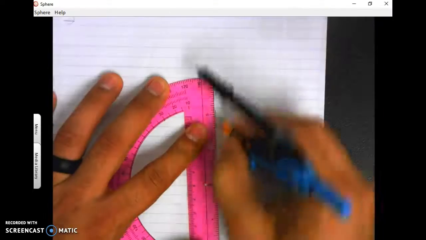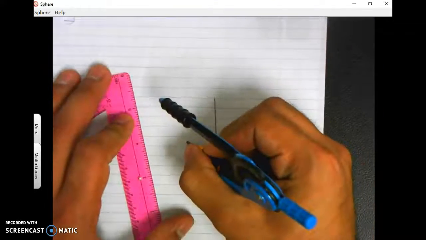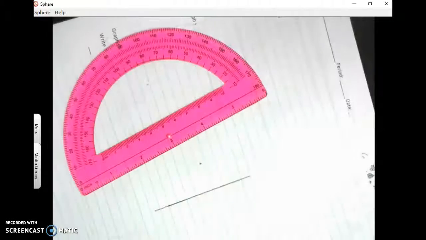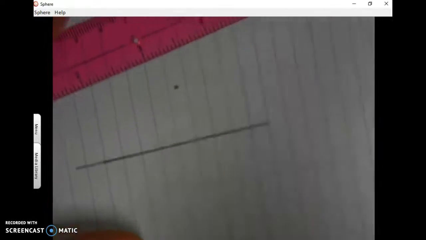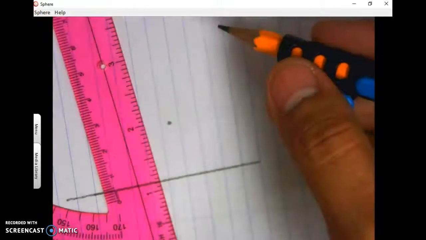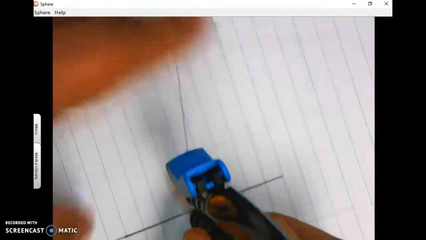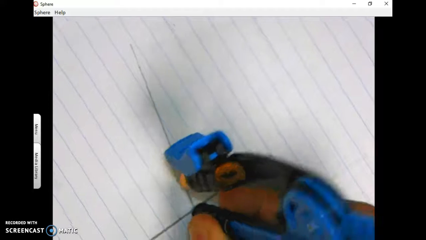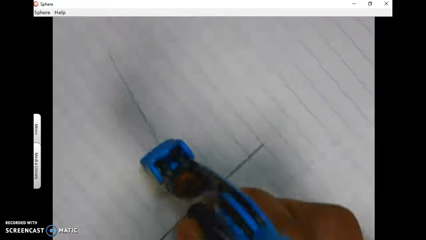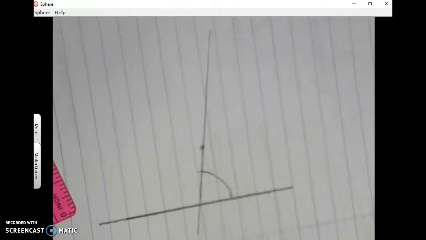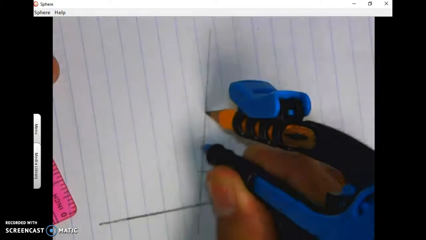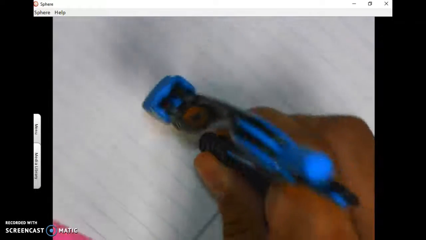You're going to, if you have a line and a point, okay? So the first thing you do, turn the lamp on. First thing you do is you draw any line you want through it, right? Second thing you do is you measure about halfway. Okay? And then you're going to make an arc mark. And you come up here with the same measurement and make the same arc mark.